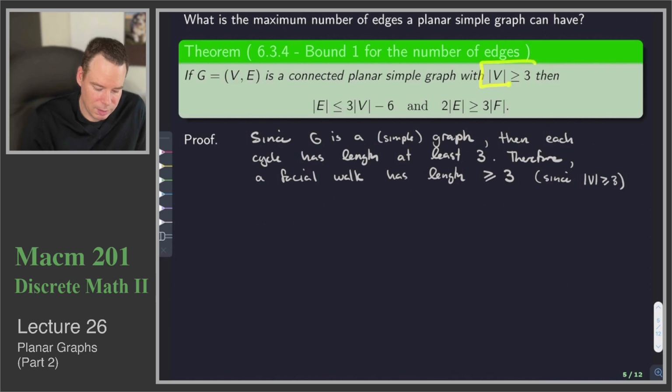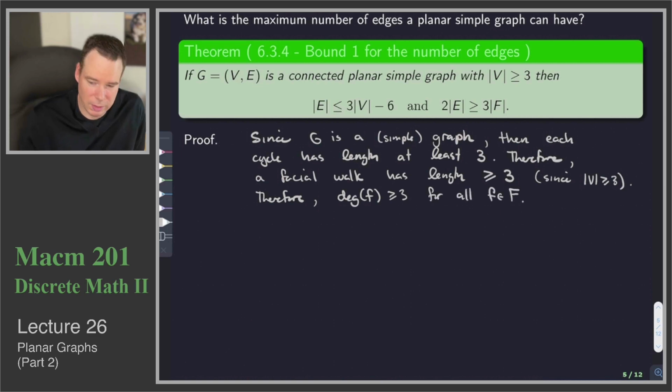We want our vertex set to have at least 3 elements in it. So therefore, the degree of a face is at least 3 for all faces in our graph.